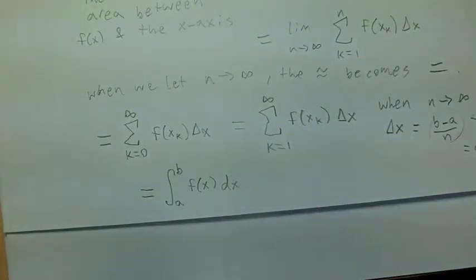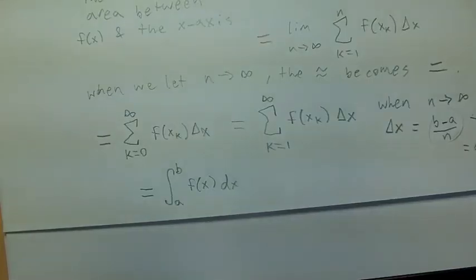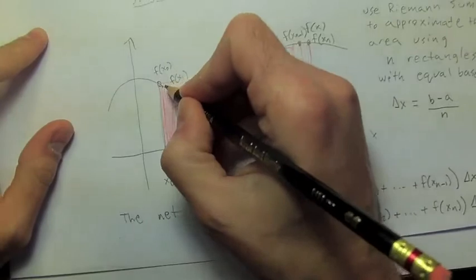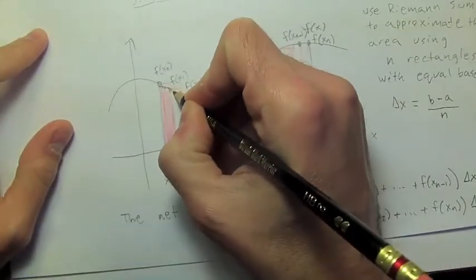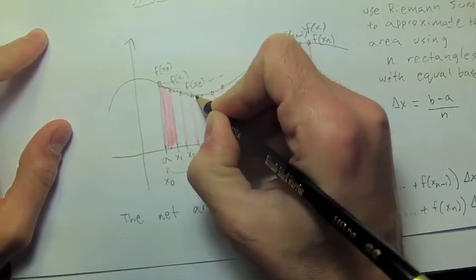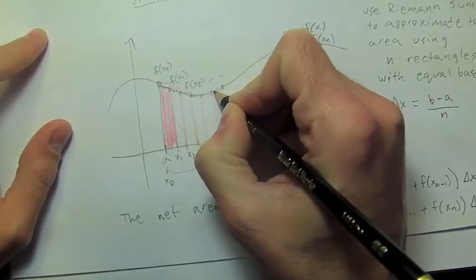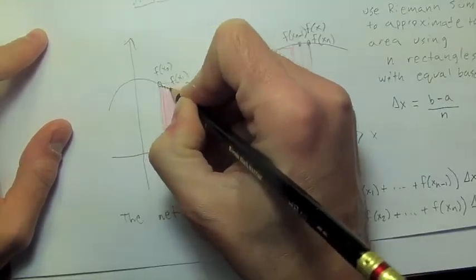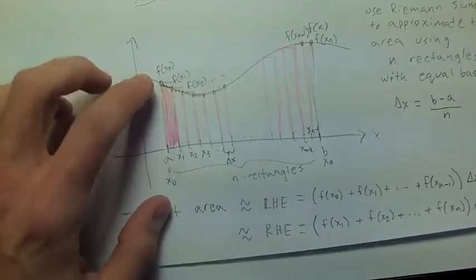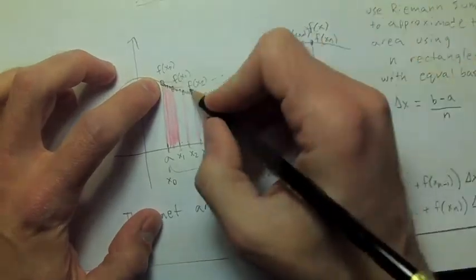Okay, so essentially what we're doing, if you think about this, as we let the number of rectangles go to infinity, the length of the bases go to 0, and what we're essentially doing when that happens is we are adding up every point from here to here.